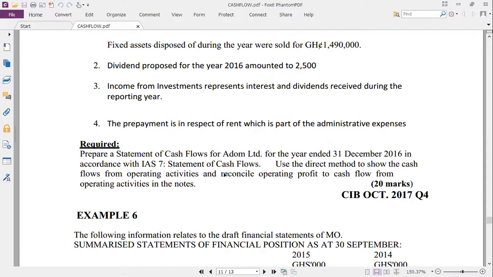Prepare just the operating activities using the indirect method. Even that one, we need just reconcile the operating cash flow. Yeah, just the operating section. So that is it.